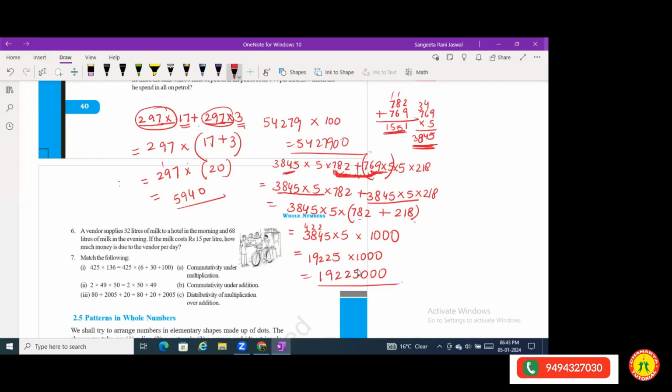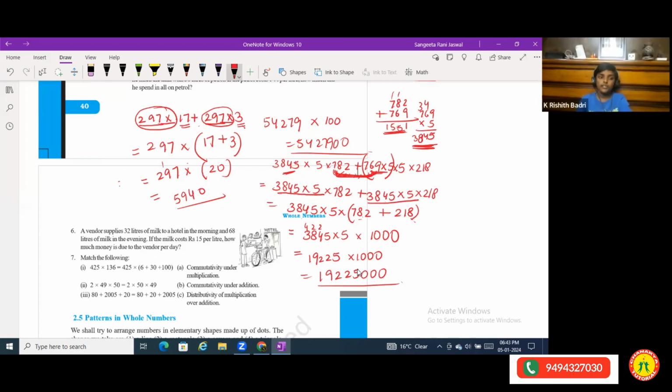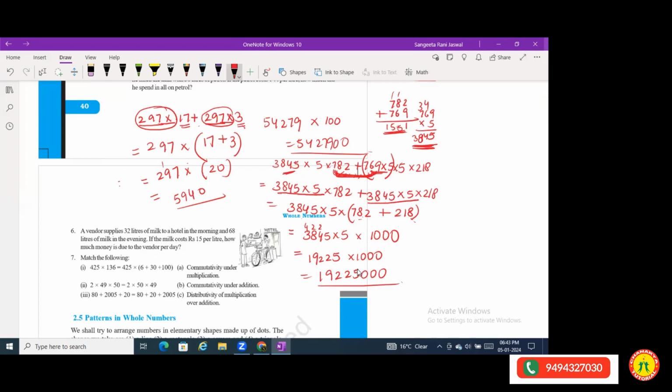Did you understand this? Yes, ma'am. This was by trying. Okay? Nobody can say in advance which combination of these two numbers will be common. It is only by trying that you will get it. Like I tried these two numbers, I added these two numbers first, but then I got some new number.